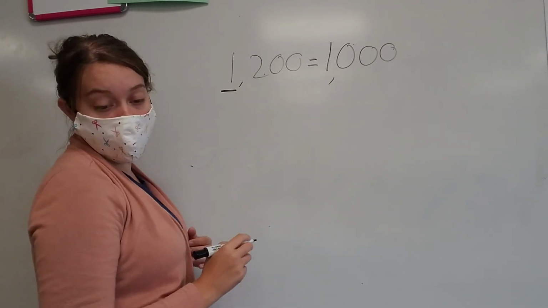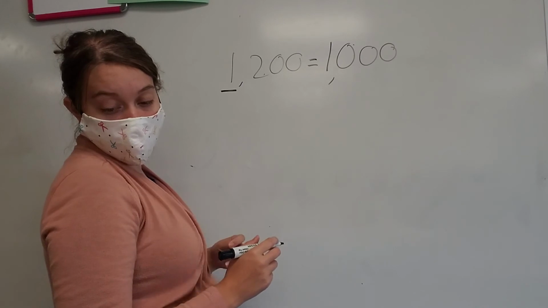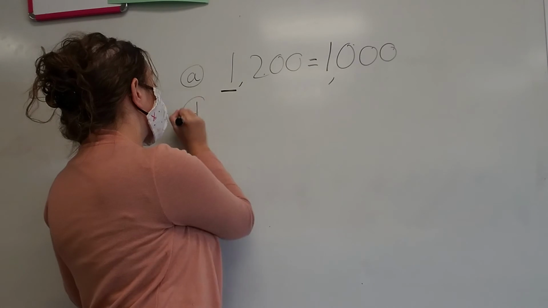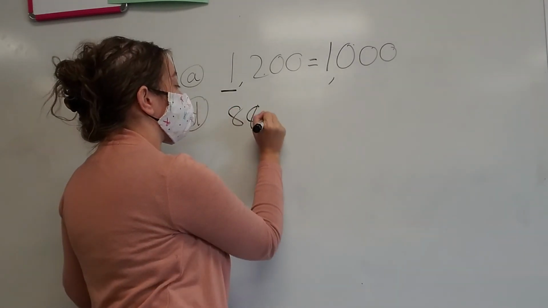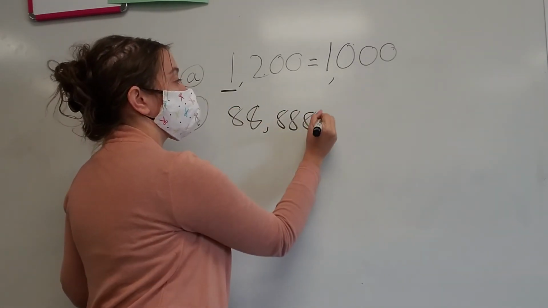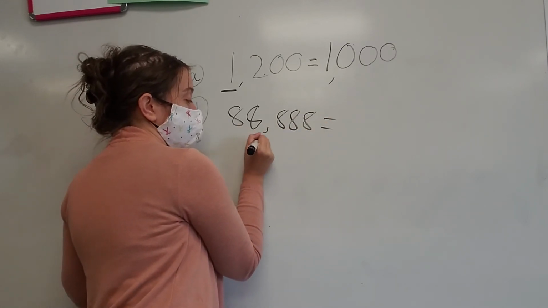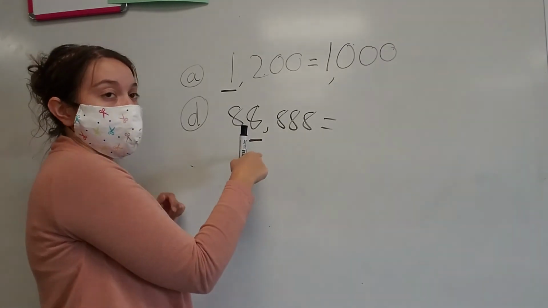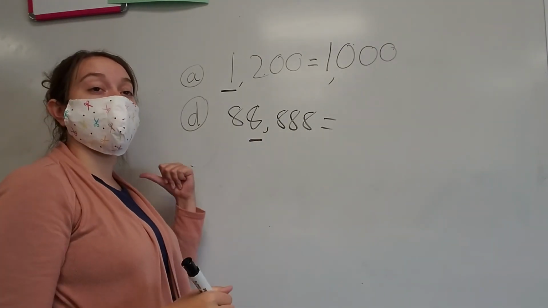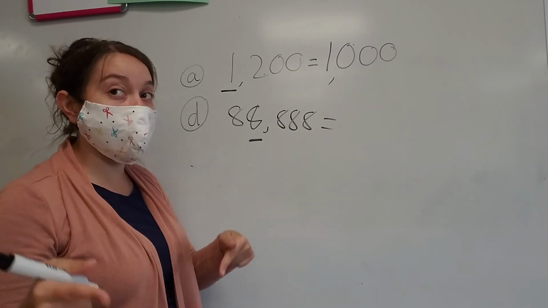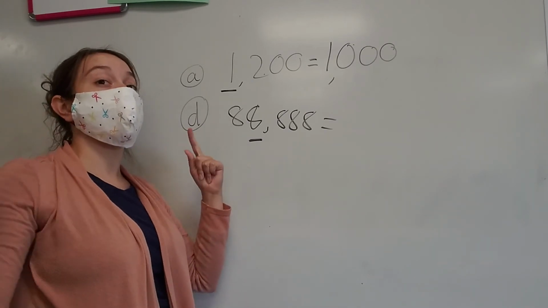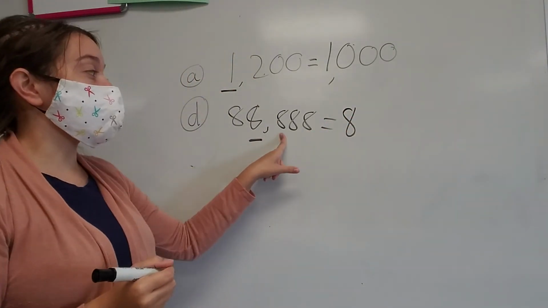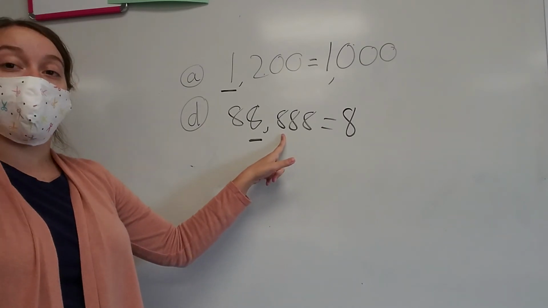Look at letter D really fast. This was A. Look at D. We have 88,888. This is my thousands place. My fourth, my ones, tens, hundreds, thousands. Okay? Anything before it, everyone say it, stays the same. So we have an 8. Now we have to look after it. Are we going to go up to 9 or down and stay in 8?